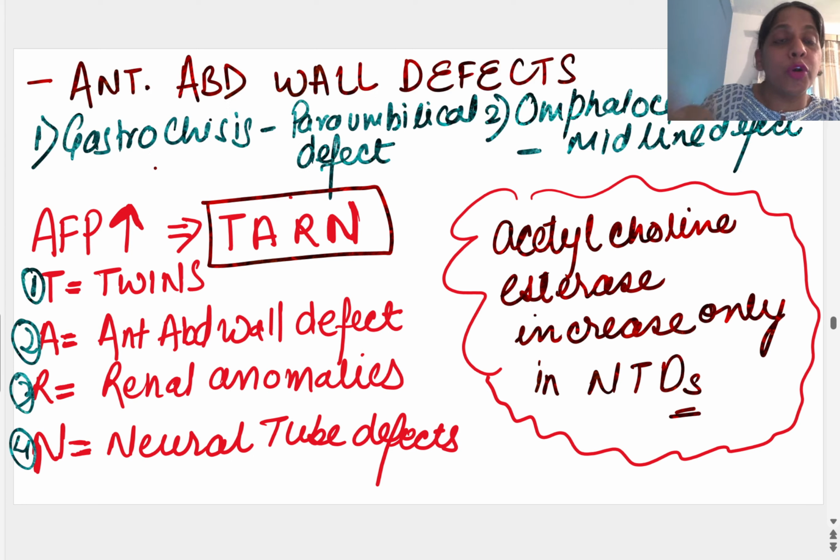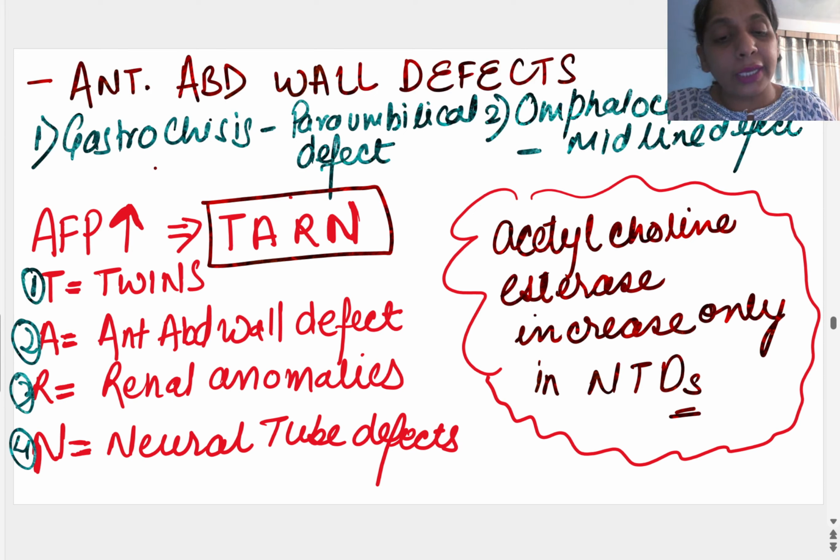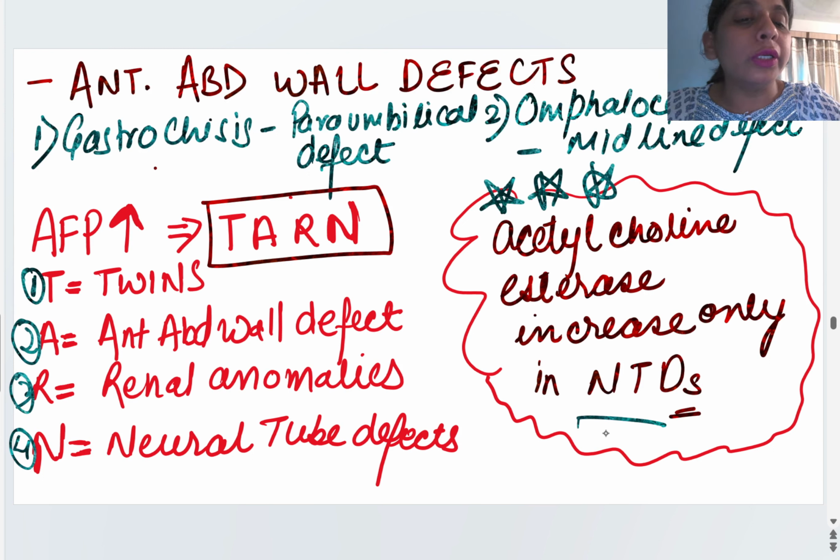If we want to differentiate whether this alpha fetoprotein is raised due to anterior abdominal wall defects or due to neural tube defects, then we have one more test, and that is acetylcholinesterase. Acetylcholinesterase is the enzyme which is increased only in the neural tube defects.